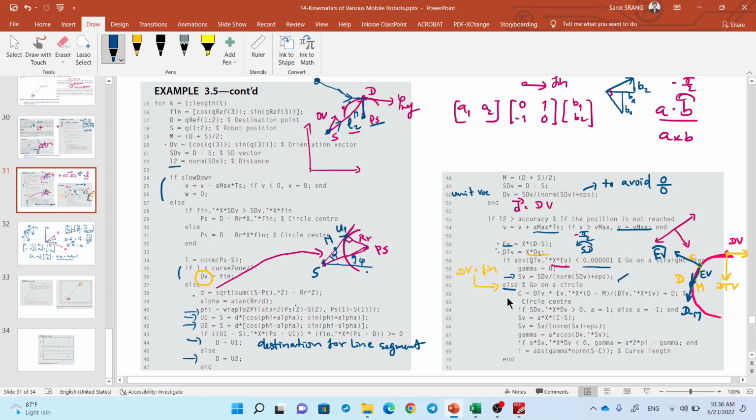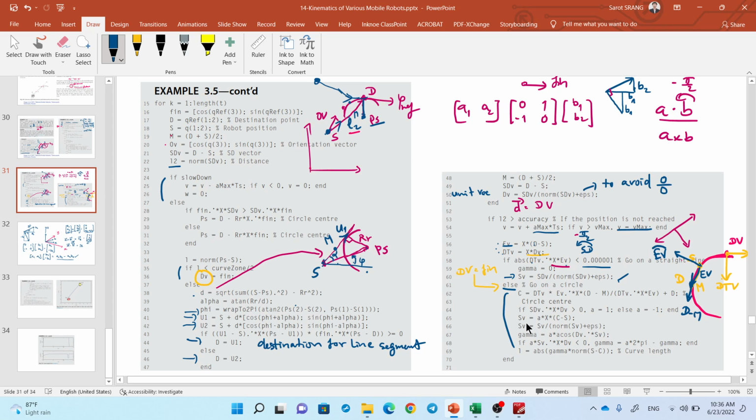So we set the parameter for moving along the circle. At this part, I'm not going to explain the detail.